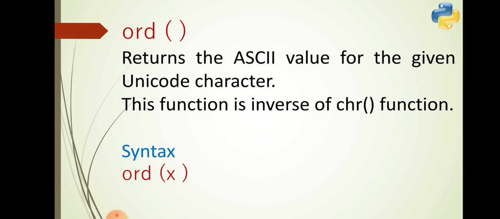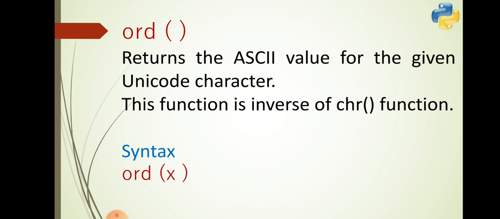Okay, so the next function is ORD. It returns the ASCII value for a given Unicode character. The Unicode character can be written. For example, if you are assigning the character small a or caps A, the small a ASCII value is 97. So 97 will be returned for that particular character.